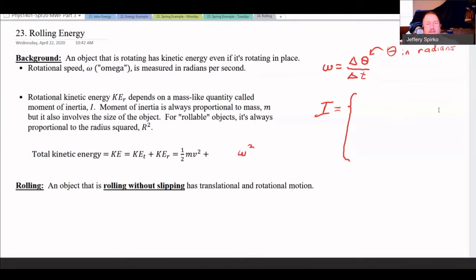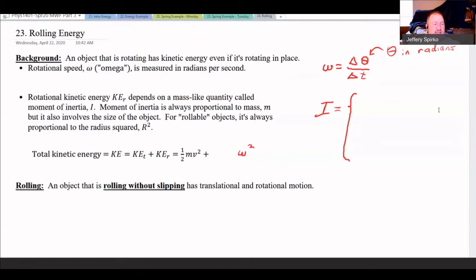But our formula also has to have something related to mass. And as it turns out for rotation, that mass-like quantity is a little bit different than just pure mass. It's called the moment of inertia, and it involves not just the mass, but the physical size of an object.